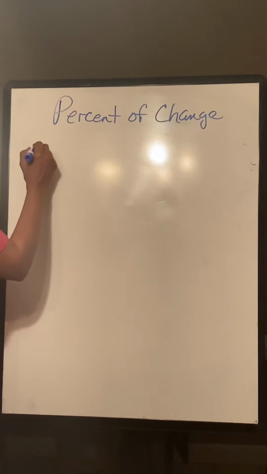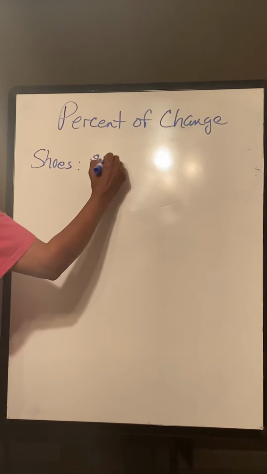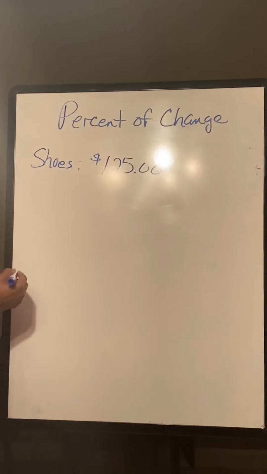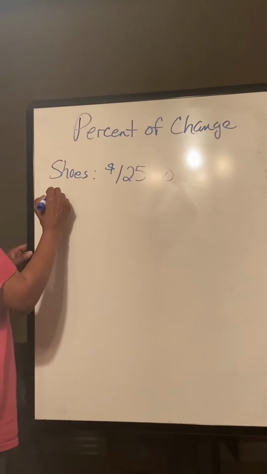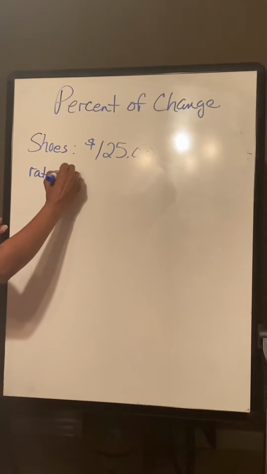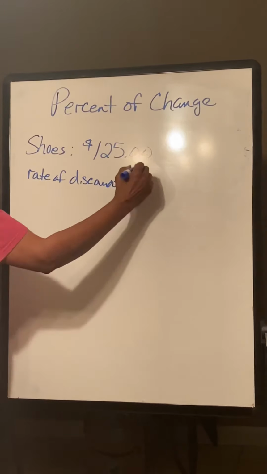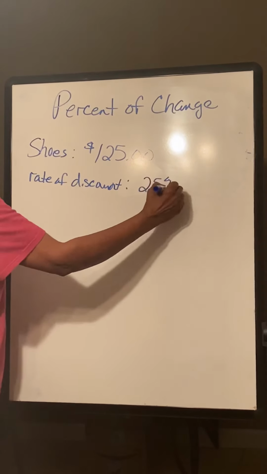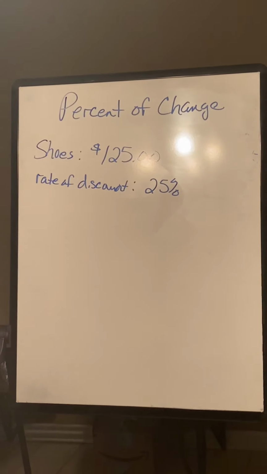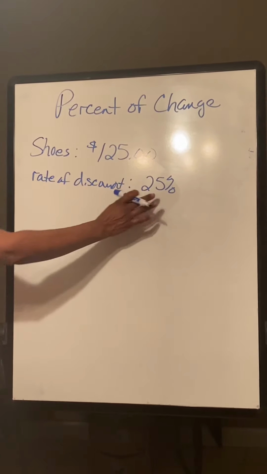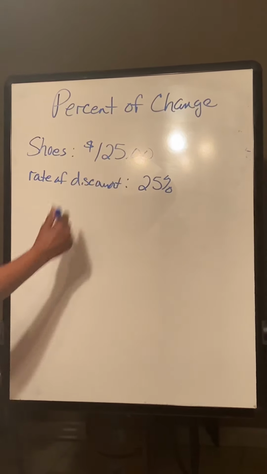If I had a pair of shoes, and let's say the shoes were $125, and they tell me that the rate of discount, let's say, is 25%. Well, what I'm interested in is, if I just wanted the sale price, if they're going to give me 25% off, that means that it's going to cost me 75% of the cost.